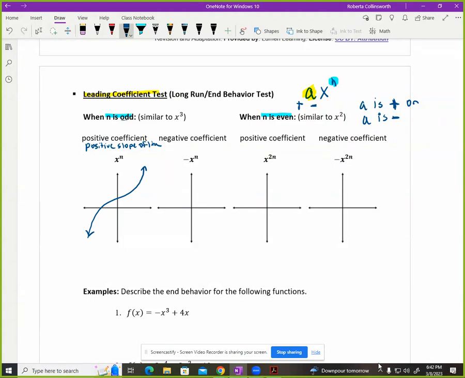And remember, we said when I have an odd power, then I'm going to have different end results. So now let's look at what happens when I have a negative coefficient. So it's going to have the slope of a negative line. So negative goes from high to low. So it might look like this.